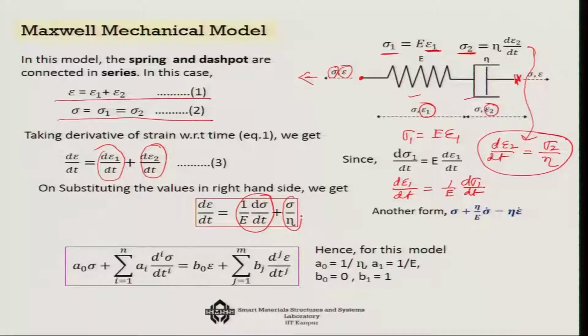Now since the same stress is flowing through the entire system, the stress is not changing, hence instead of sigma 1 and sigma 2, you can denote them as sigma itself. So you get the final relationship very straightforwardly: d epsilon dt is 1 over E d sigma dt plus sigma over eta.